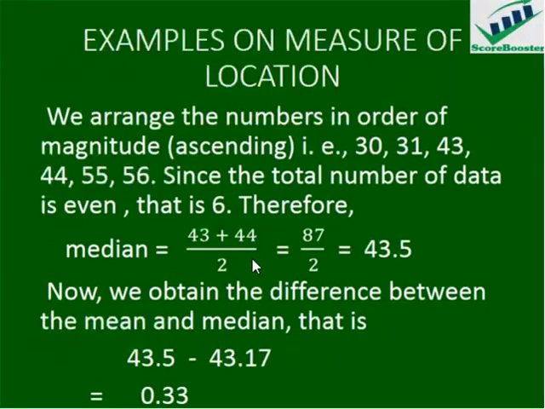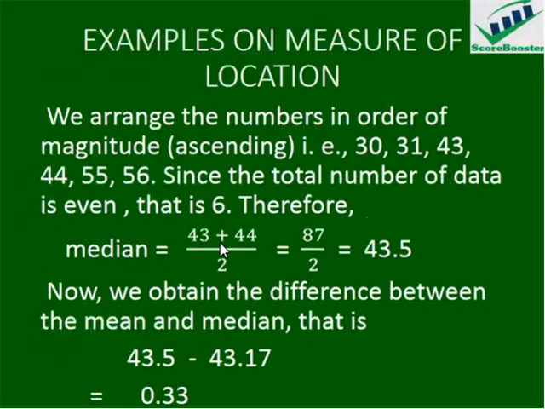That is, we look for the average of the two middle numbers. This is 43 and 44. Those are the two middle numbers. We can't say 43 is the middle number, and we can't say 44 is the middle number. So we'll pick the two middle numbers, which are 43 and 44, and we divide them by 2.